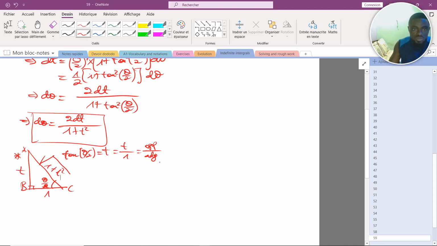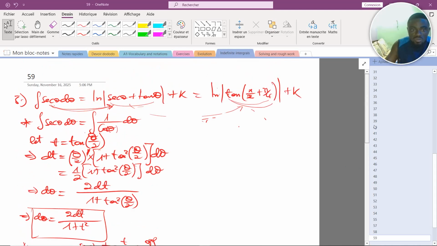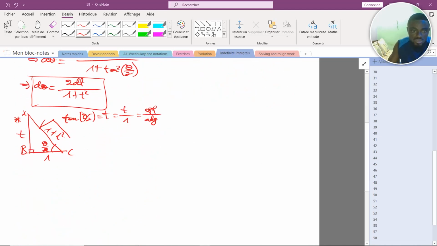Very good. Now we are to find cos theta, because we will have to substitute here. Remember from trigonometric transformations that cos n theta is equal to cos square n theta on 2 minus sine square n theta on 2.